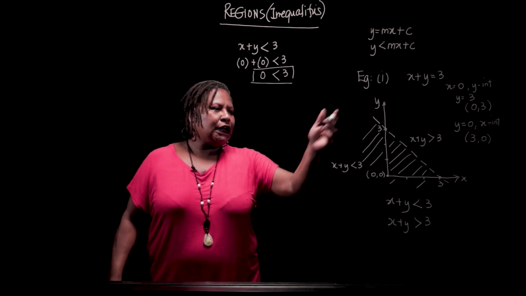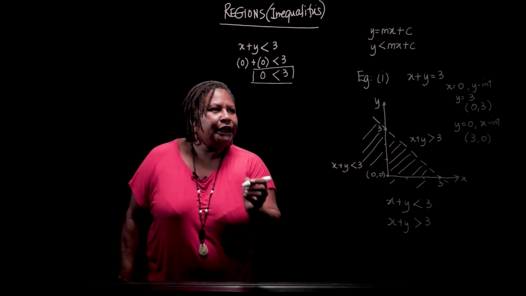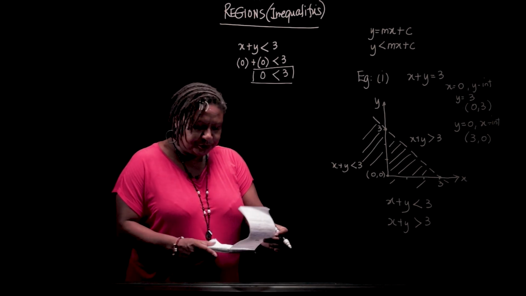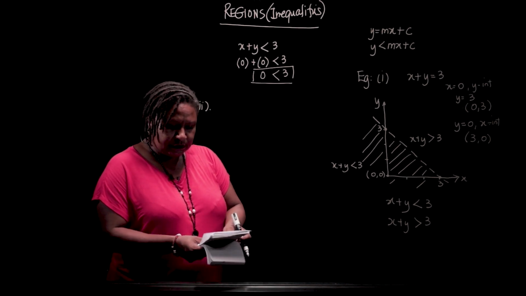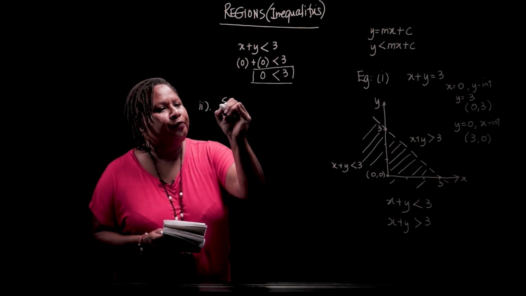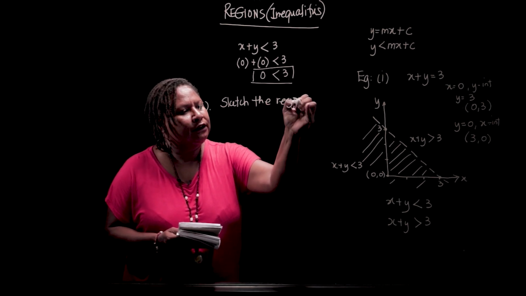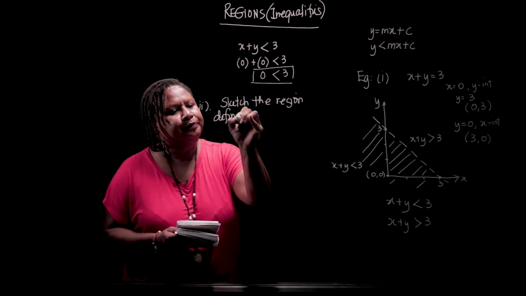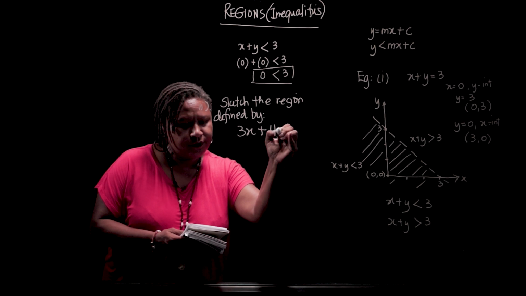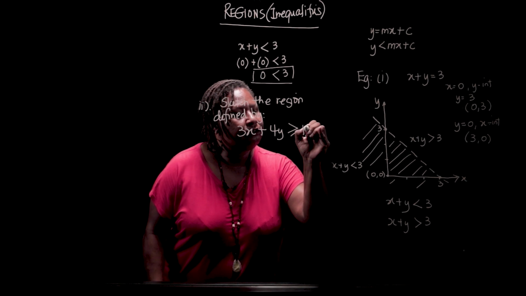This time, another linear equation, but a little bit more complex than this. Example number 2: sketch the region defined by the inequality 3x plus 4y greater than or equal to 12.